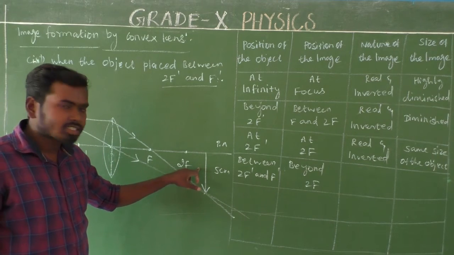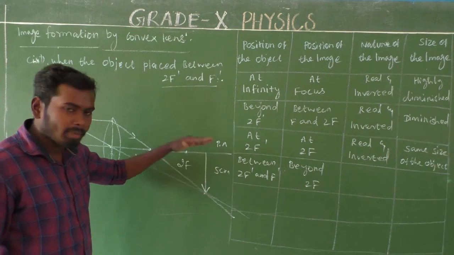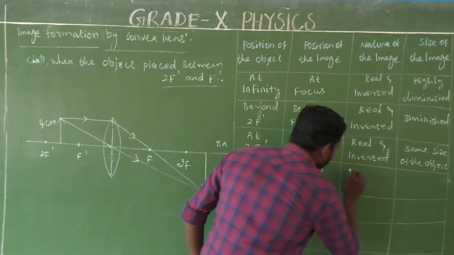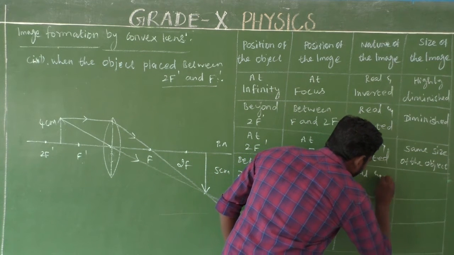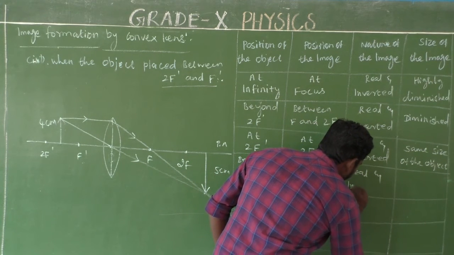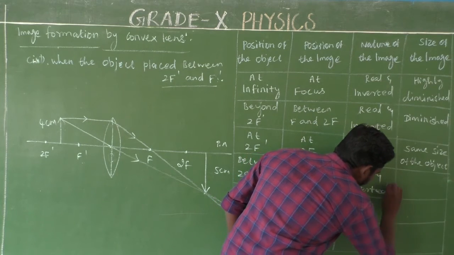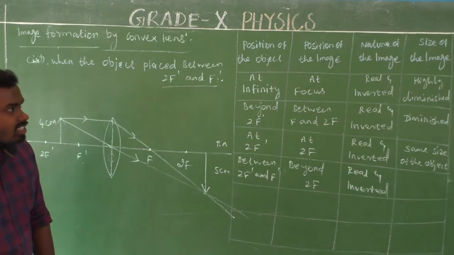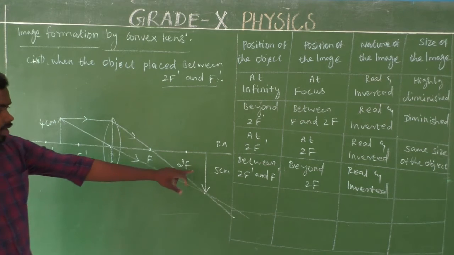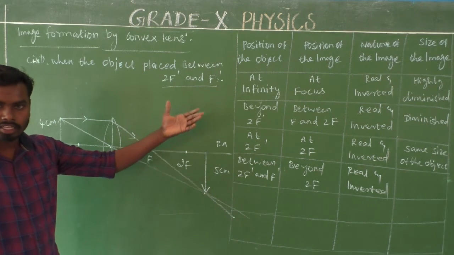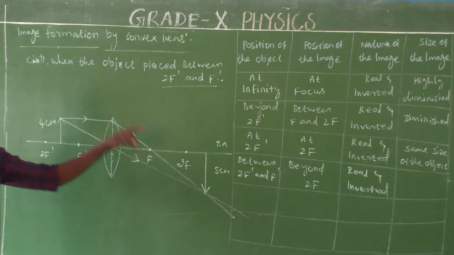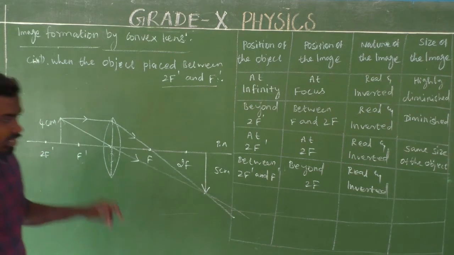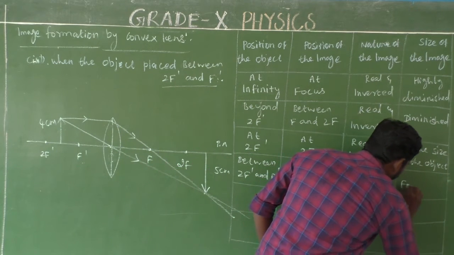That image is a real image because it is formed below the principal axis. So this is a real and inverted image, because all real images are inverted images. Next one, what is the size of the image? Look here, this is an enlarged image, which means the size of the image is more than the size of the object.